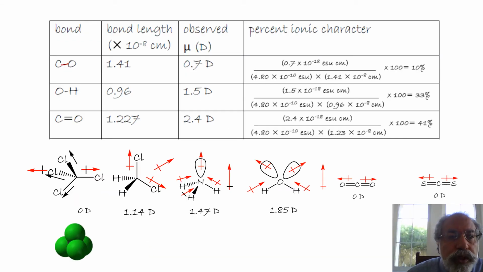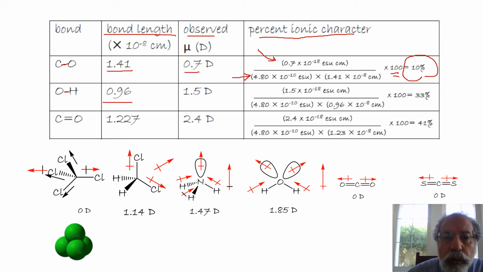The carbon single bond oxygen has a bond length of 1.41 angstrom, observed mu 0.7 debye. For percent ionic character, applying the same rule, mu observed divided by mu calculated times 100, you will get 10% ionic character for C-O. O-H: bond length 0.96, observed dipole moment 1.5, and it has 33% ionic character.